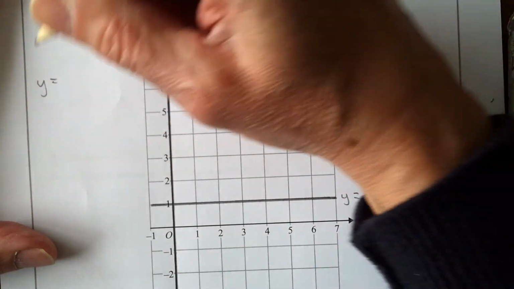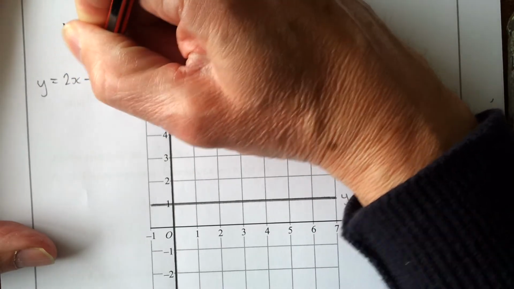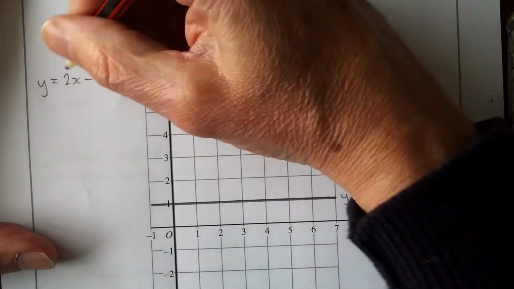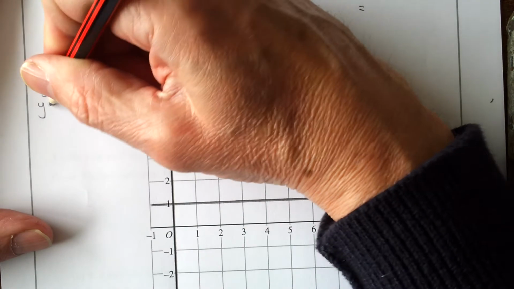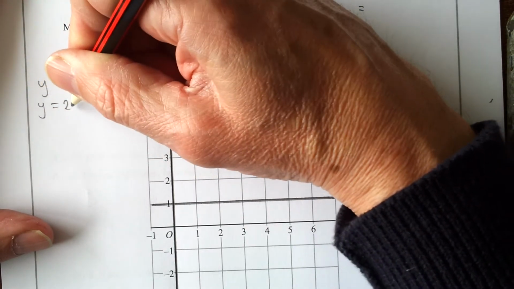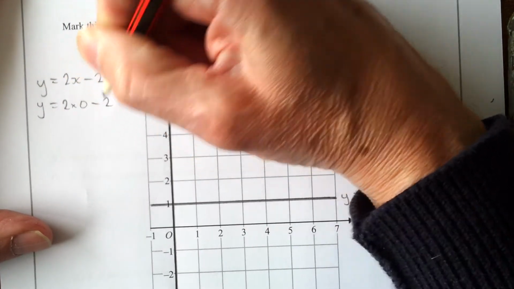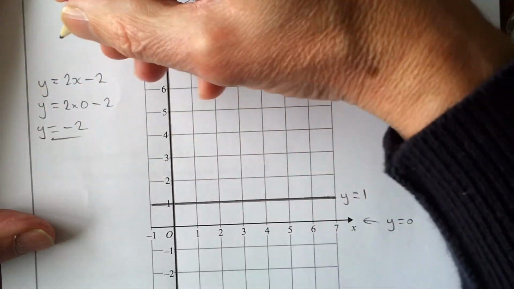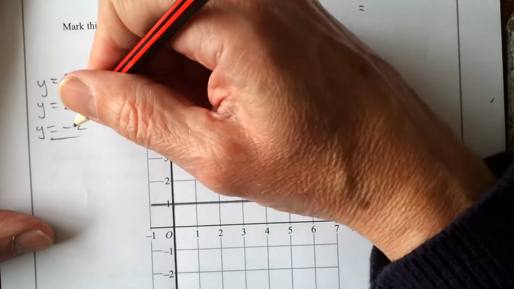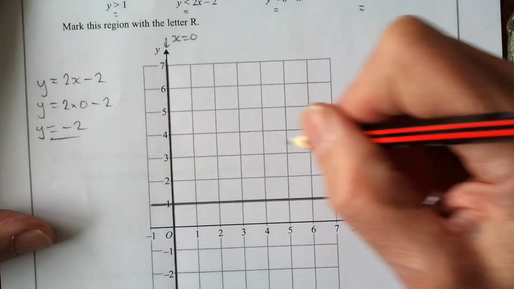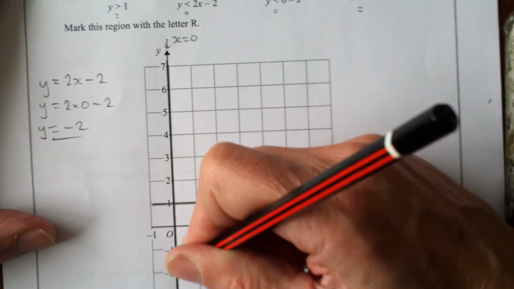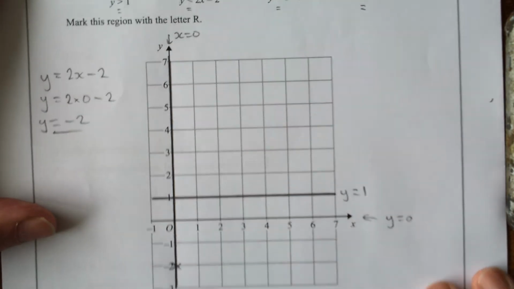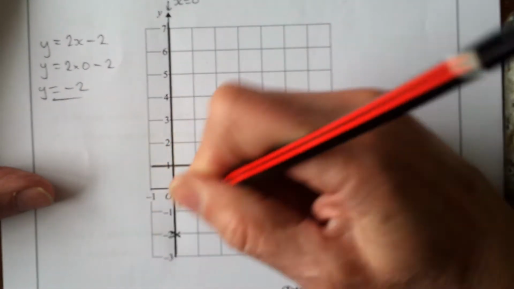Y equals 2x minus 2, and I'm going to put x as 0. So y equals 2 times nothing, take away 2. Y equals -2. So when x equals 0, y equals -2. So there's the value down at the bottom there.